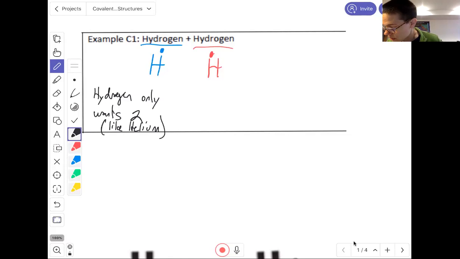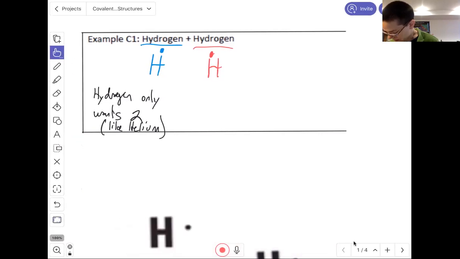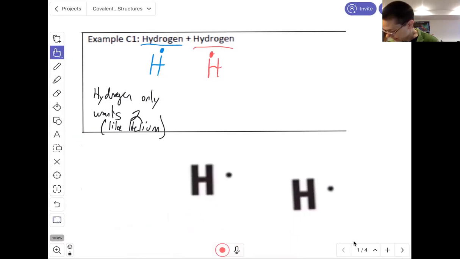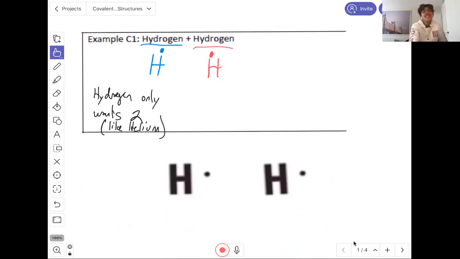Okay, so I need to fit together those 2 hydrogens in a way that has them share those electrons. So what I'm going to do here is, I've got this hydrogen and I've got this hydrogen, right? So I want those to actually share electrons.